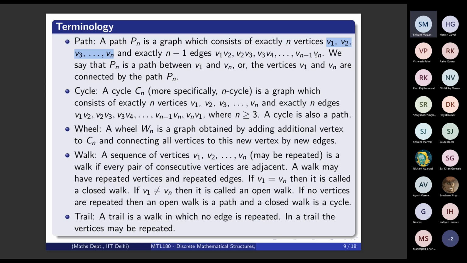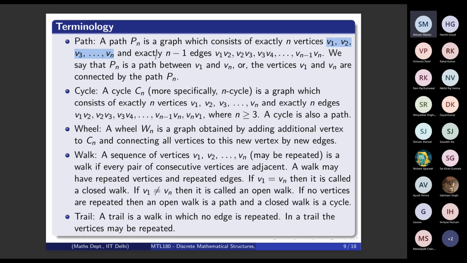This is called a path, and we say Pn is a path between V1 and Vn, or V1 and Vn are connected by the path Pn. This is the definition of path. Remember that V1, V2 up to Vn are all different.